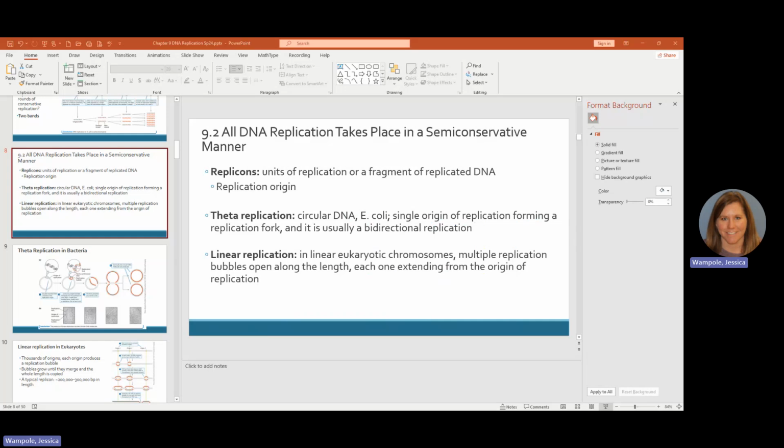On this image, the gray one is the template. This is the parent strand. And then the sort of orangey tan color is the new strand. You'll notice we've got our sugar phosphate backbone here, and we've got our nitrogenous bases in the center. Adenine and thymine connected by two hydrogen bonds, cytosine and guanine by 3.